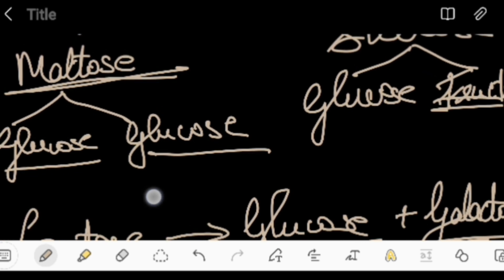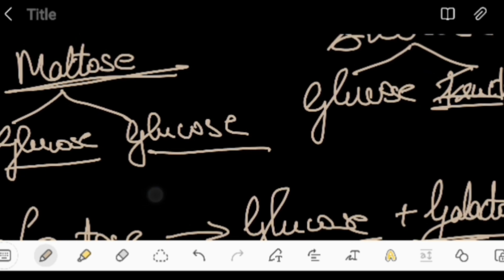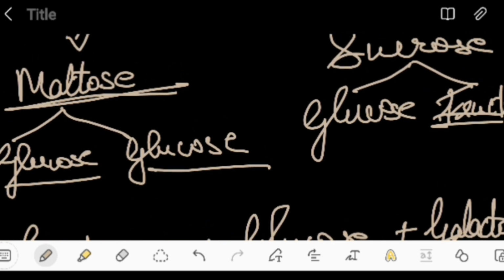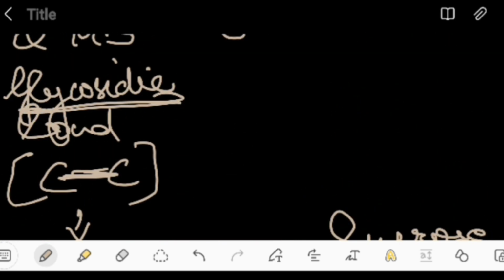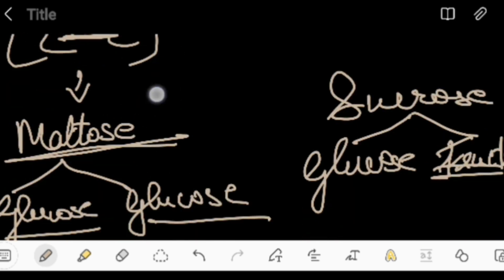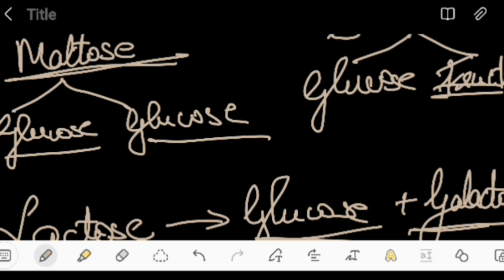So this is what you have to study about disaccharide. And one more thing, in maltose, these glucose units are there. We said that 2 monosaccharides are connected together with the help of a glycosidic bond. In case of maltose, it is also connected by glycosidic linkage, but between C1 of alpha glucose and C4 of another alpha glucose.